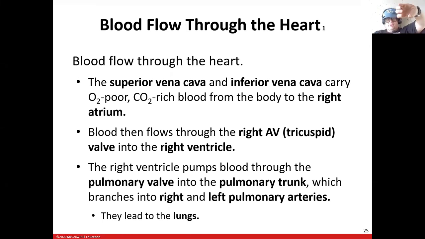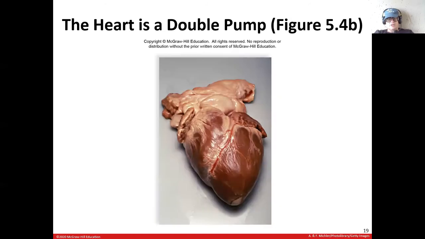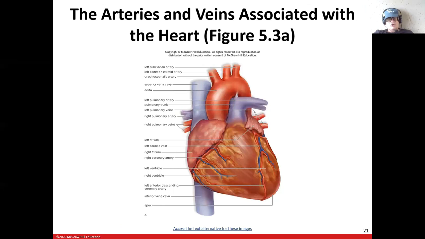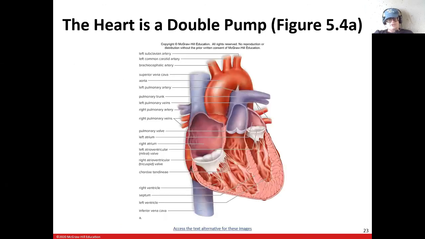Superior vena cava coming into the heart from above, inferior vena cava coming from below. Both of those are carrying blood into the atria. There's a third vessel, it's not mentioned here, but on the back of the heart in this area, you have the coronary sinus. It's carrying blood from the coronary arteries back into the atria. All 3 of these are delivering low oxygen, high carbon dioxide blood.